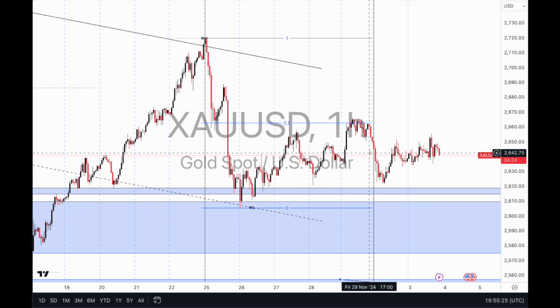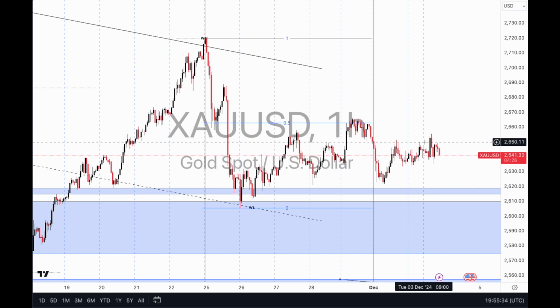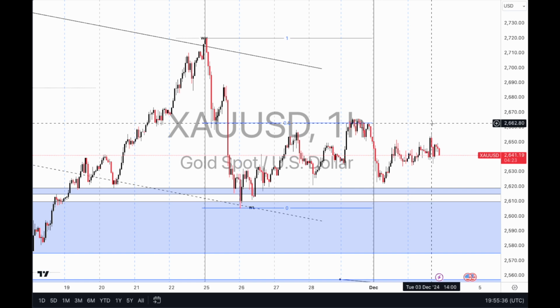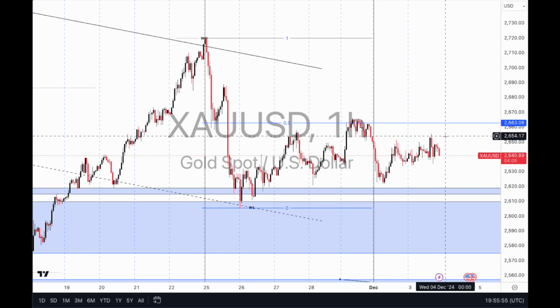And what we're basically looking for, especially when price starts doing its thing for this week that we're in right now, is we want to see where price comes up to, and we want to see where price starts moving away from, right? So in my opinion, if I was looking for buys or sells, I would want to take them either above the 50% or below the 50%, depending on how it looks. So that's how I would want to do it.